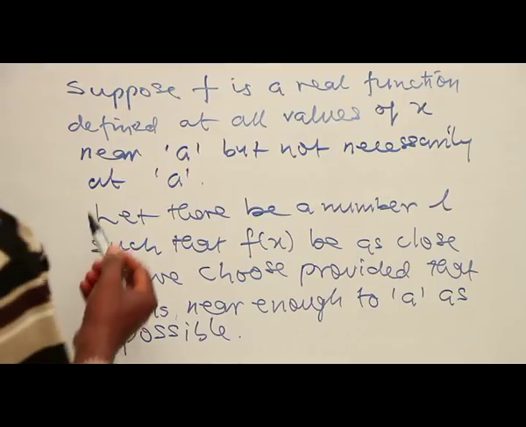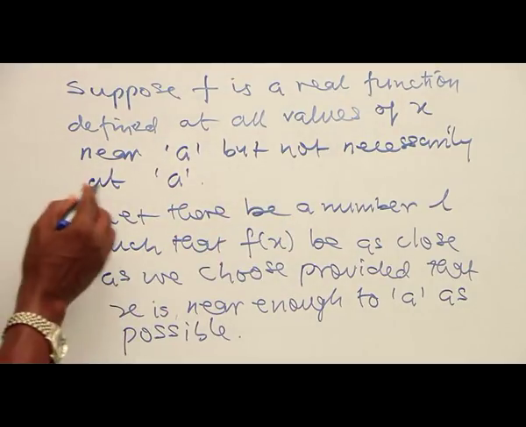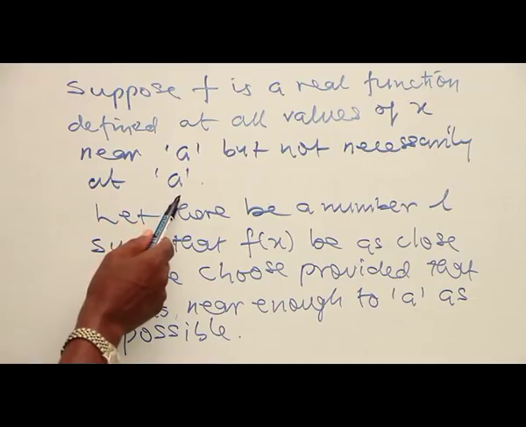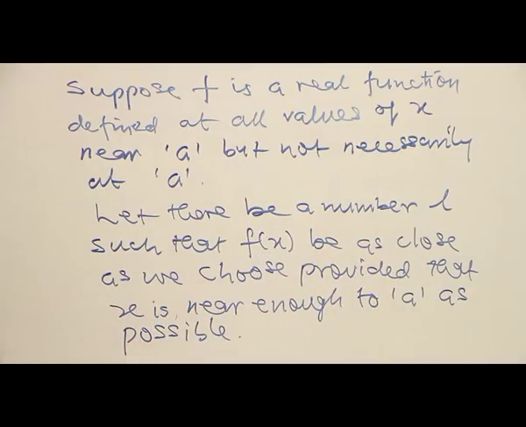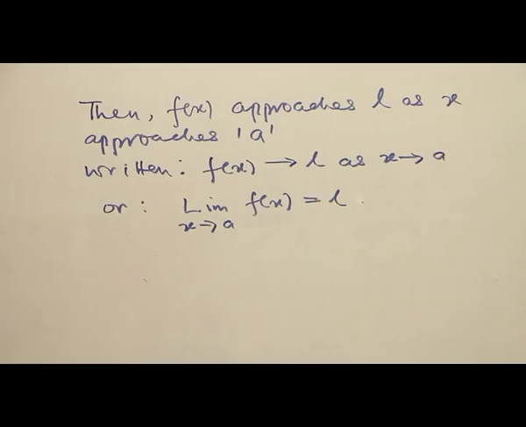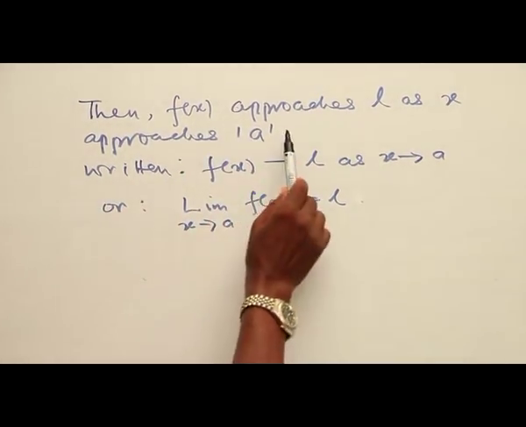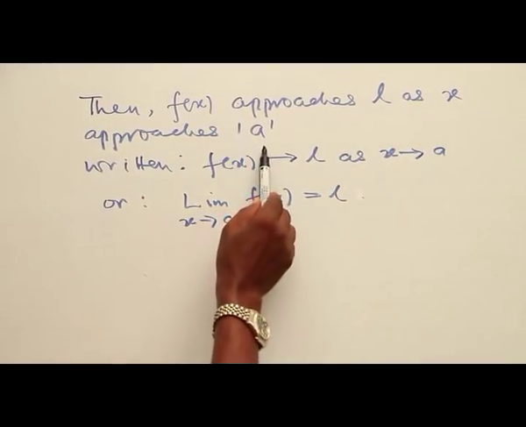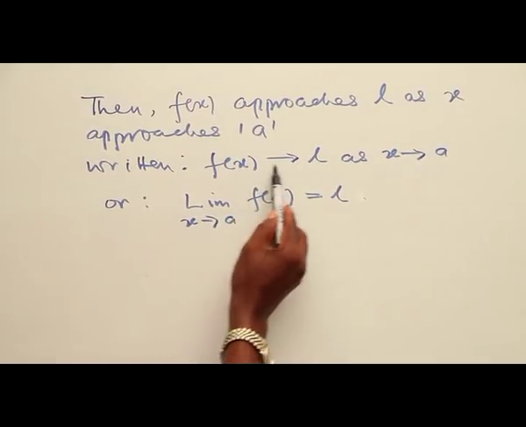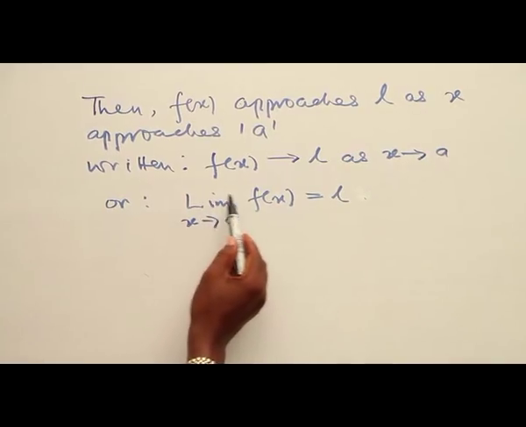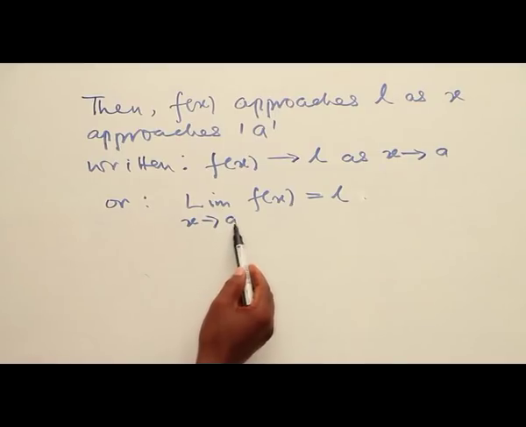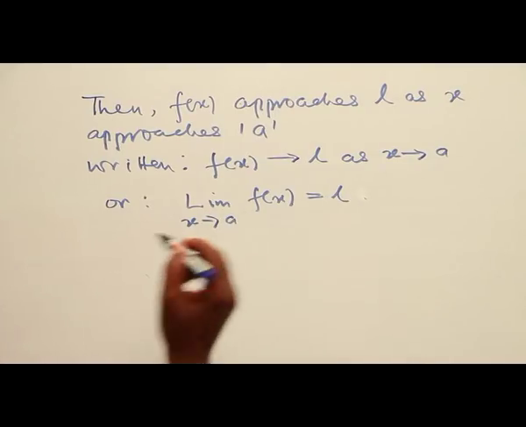Suppose f is a real function defined at all values of s near A, but not necessarily at A. Let there be a number L such that f of s can be as close to L as you wish, provided that s is near enough to A. What we are saying is that f of s approaches L as s approaches A. This is written: the limit of f of s as s approaches A is equal to L. Take note of this.